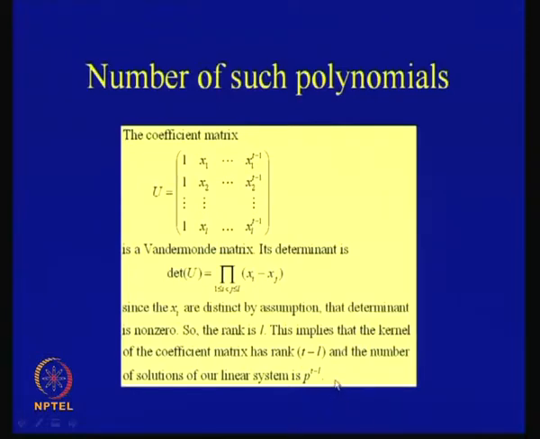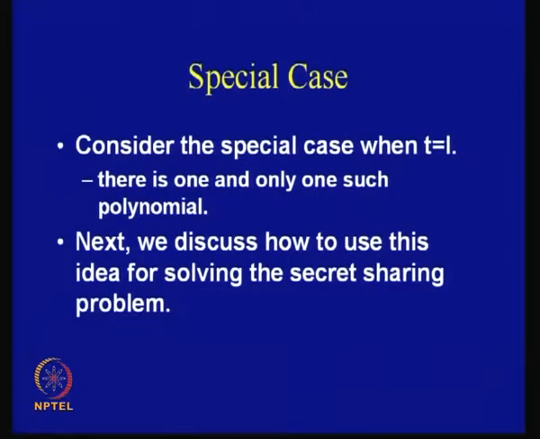So, this proves the first theorem or the first lemma, that there are exactly p to the power of t minus L polynomials of degree less than or equal to t minus 1, which satisfy all the L relations, all the L pairs x1 y1 and so on till xL yL. So, consider the special case when t is equal to L: there is one and only one such polynomial for which this holds. And next we will discuss how to use this idea for solving the secret sharing problem.